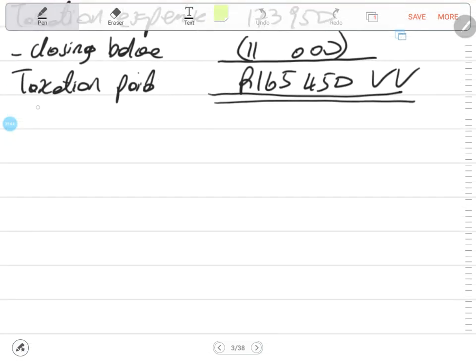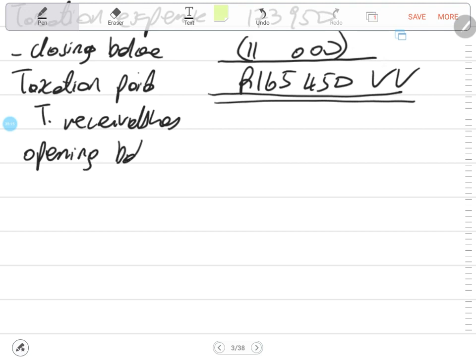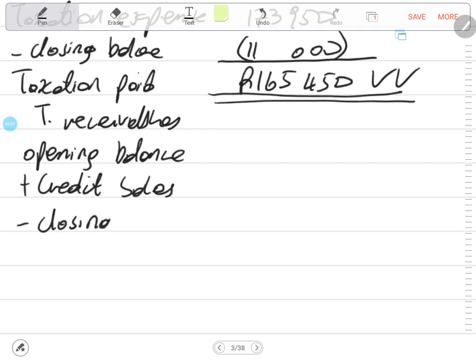We have our trade receivables, our opening balance, plus credit sales, minus closing balance. This will give us cash received from customers.